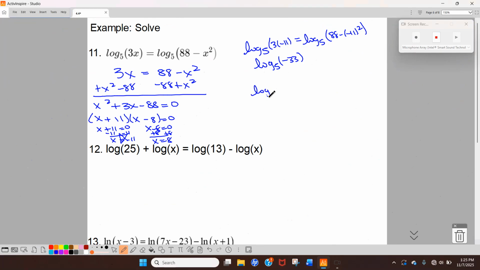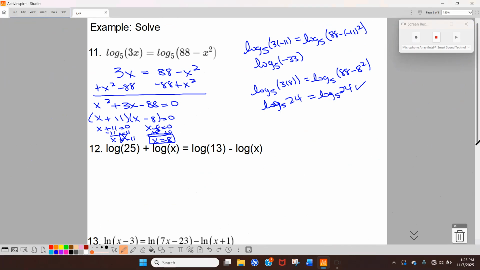Log base 5 of 3 times 8 equals log base 5 of 88 minus 8 squared. So this would be log base 5 of 24. This would be log base 5 of 88 minus 64, which is also 24. So then we can say, yes, that works.